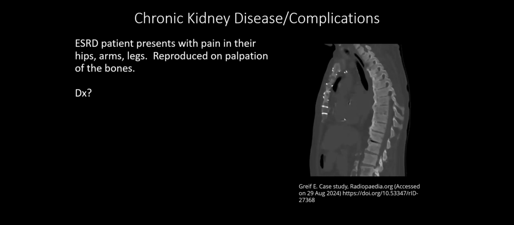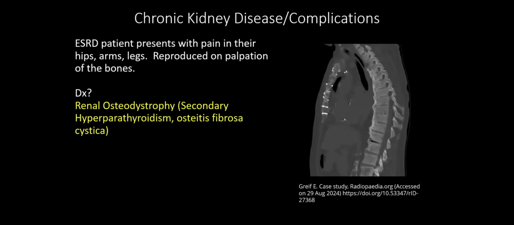This makes me think of osteitis fibrosa cystica, which is due to hyperparathyroidism. Absolutely. There are a couple of names for it. It can be called renal osteodystrophy. It can be called osteitis fibrosa cystica, or secondary hyperparathyroidism. They're all referring to the same phenomenon here, which is very important.